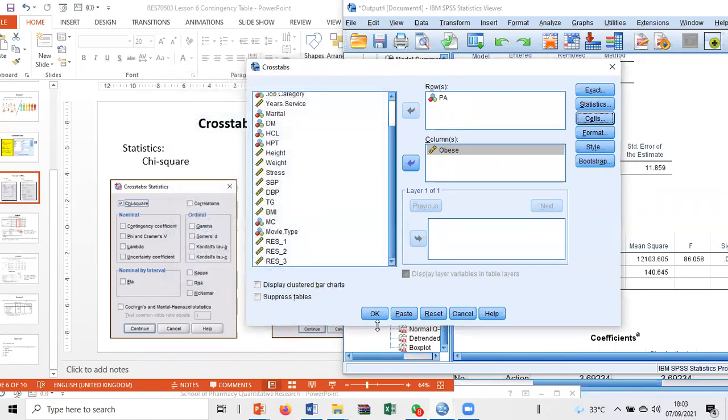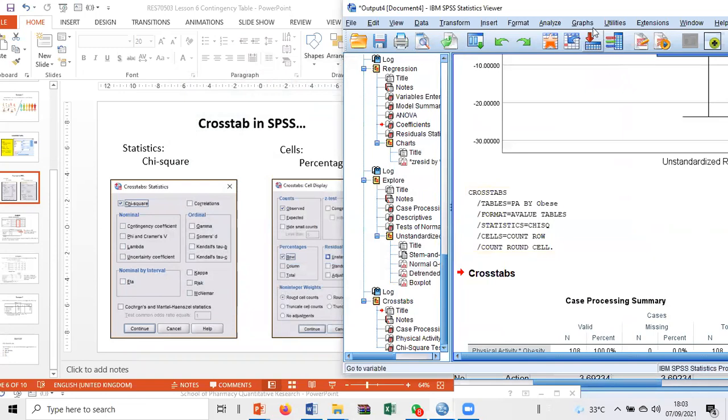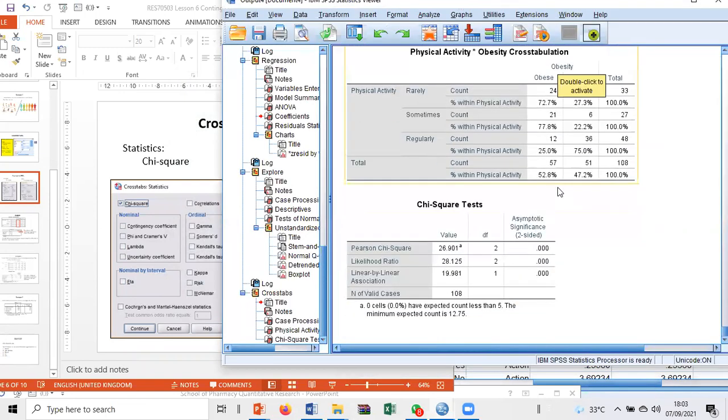Continue. Click OK. These are the tables. Physical activity and obesity: yes, there's an association. How? About 75% are obese here compared to only about 25%. The assumption, minimum expected count more than 1, is met.